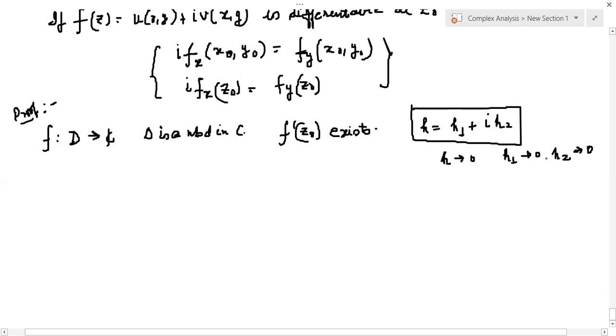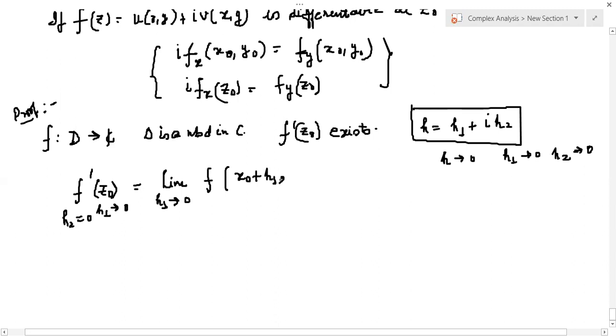If you remember, yesterday I took two specific paths. So today also we are going to take two specific paths. In the first path, we put h2 equal to 0 and let h1 tend to 0. So I am approaching z naught along the x-axis. Then f dash z naught equals the limit as h1 tends to 0 of f(x naught plus h1, y naught) minus f(x naught, y naught) divided by h1.